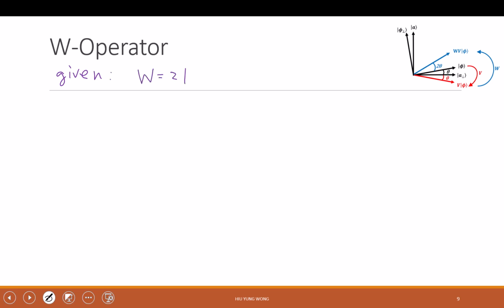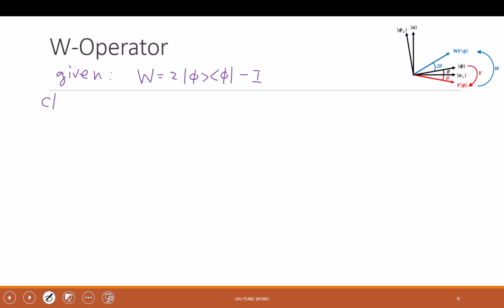equal to 2 outer product phi minus 1. Again, what is phi? It is the linear superposition of every basis vector. Is that okay? The definition. Okay, this is given, right? So we are going to check, right?